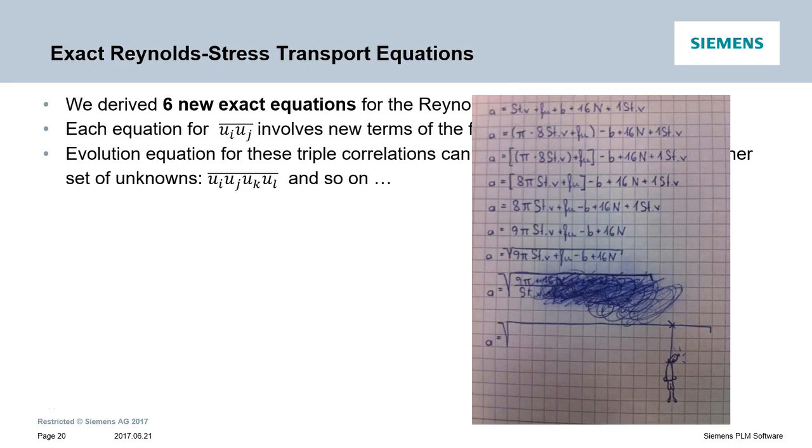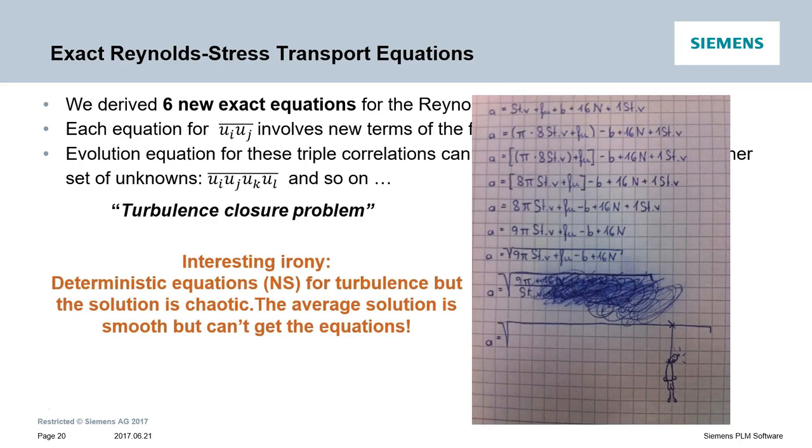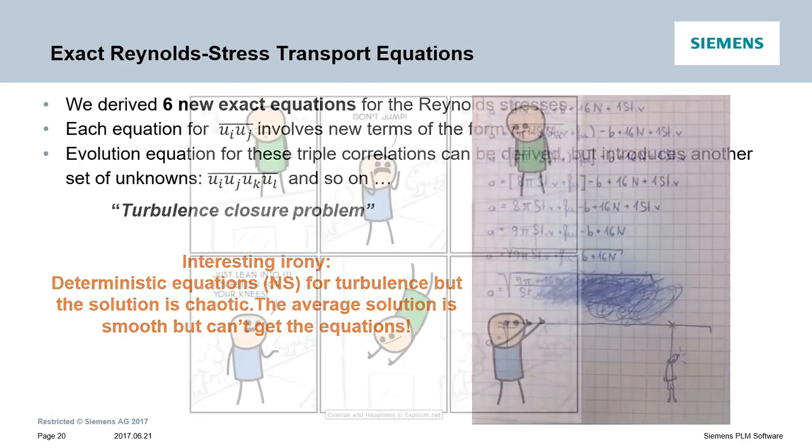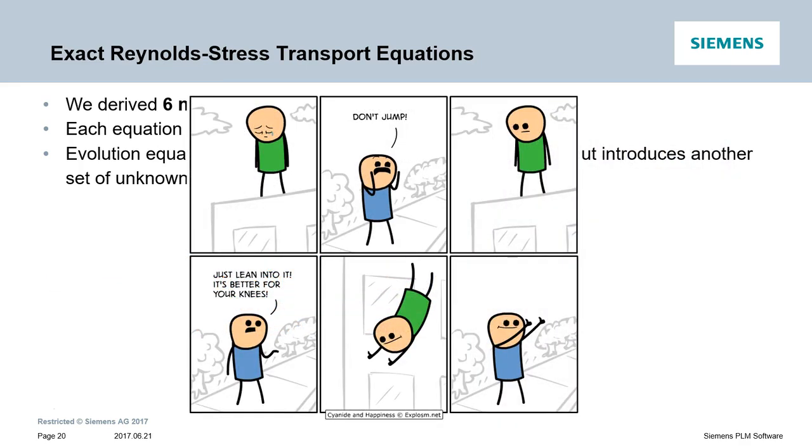And this is essentially the turbulence closure problem, which highlights a very interesting irony: we have deterministic equations for turbulence, but the solution is chaotic, hence difficult to resolve. We know the average solution is smooth, but we cannot get the equations. But despite this red flag, if you still wish to continue on this path, good luck, and maybe we can learn from your exercise and experiences.